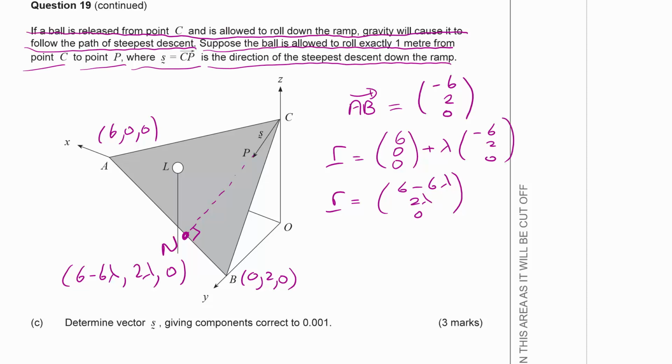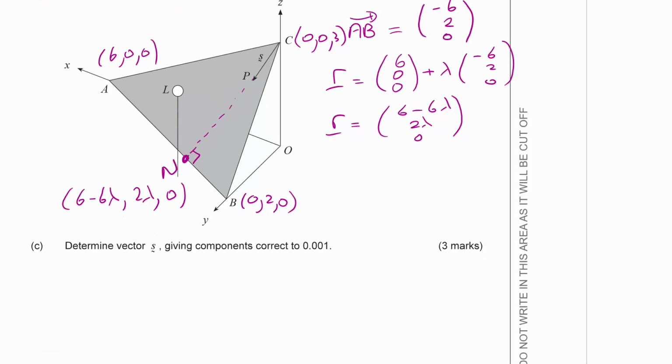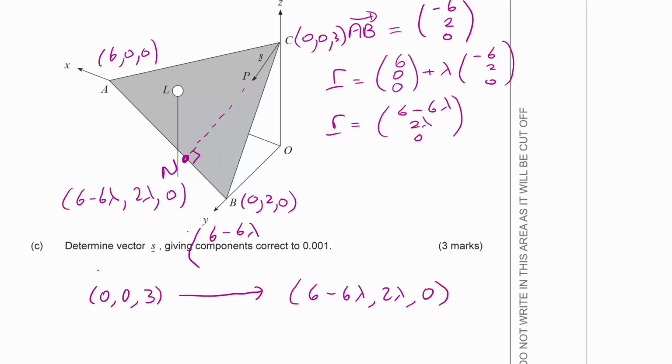Now this point up here is (0, 0, 3), and the ball is going to roll from (0, 0, 3) to (6 minus 6 lambda, 2 lambda, 0), which means that vector is (6 minus 6 lambda, 2 lambda, -3).